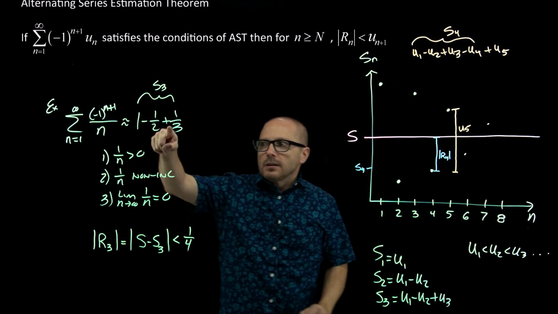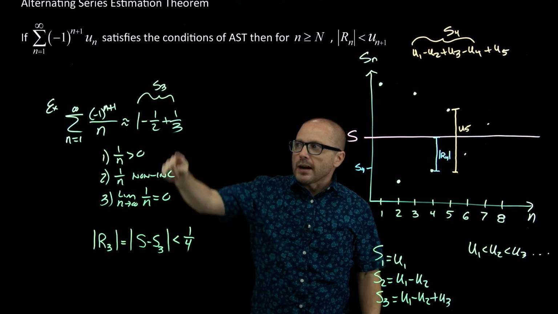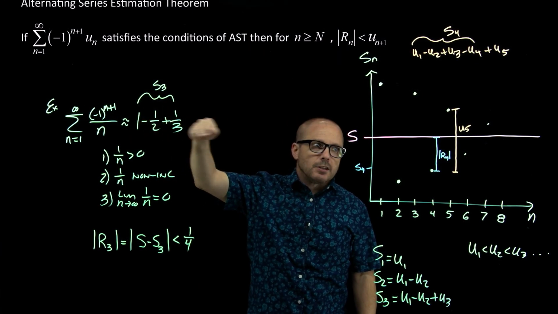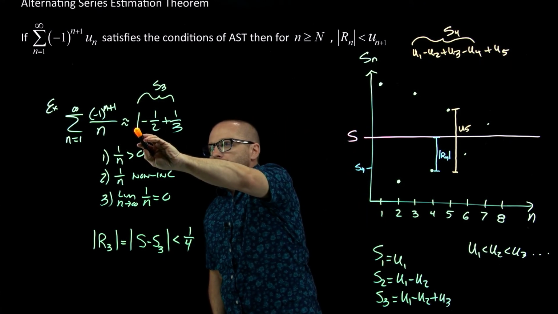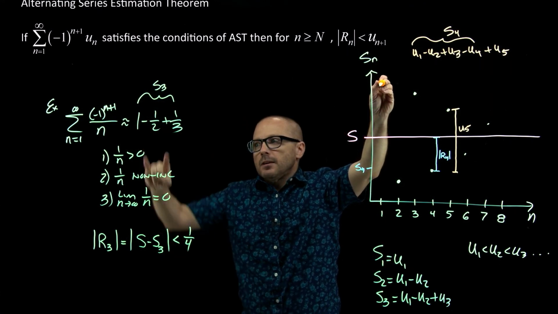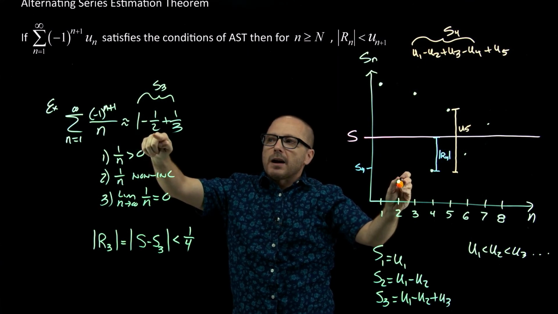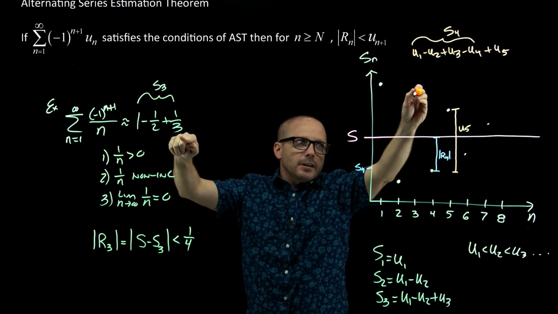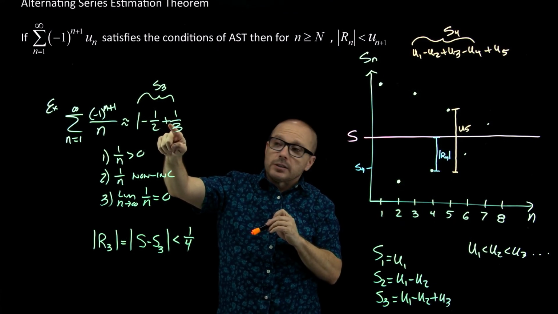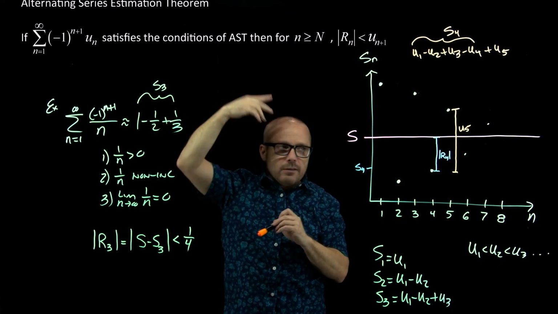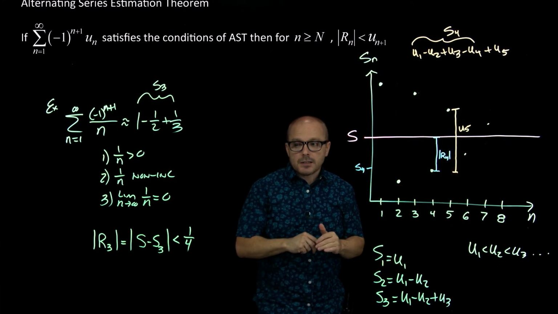So if we look at this example, not only do I know my error is less than a quarter, I know that I'm currently overestimating, because we currently have jumped over the line, right? 1 is an overestimate. 1 minus a half is an underestimate. 1 minus a half plus a third is an overestimate. So just by looking at the sign there that I currently have just added, I know I've currently jumped over the actual sum, and I'm overestimating.